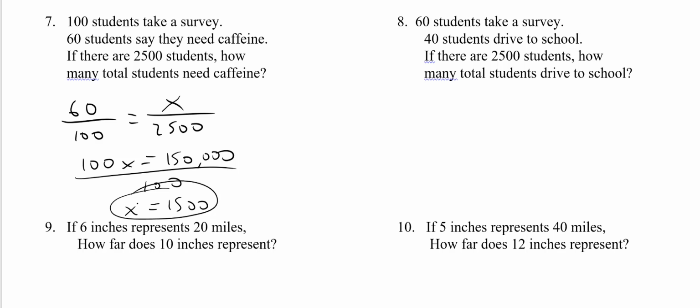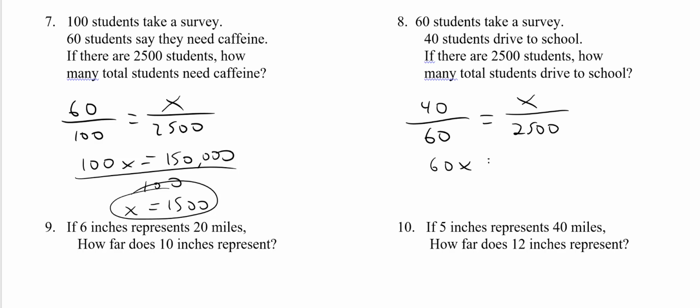Number 8, 60 students take a survey, 40 students drive to school. So it's 40 students out of 60. Remember, the top number is the number that drive to school, and the number on the bottom is the number that are surveyed. And there are 2,500 students again, so that's the number surveyed, and x is the number of students that would drive to school.